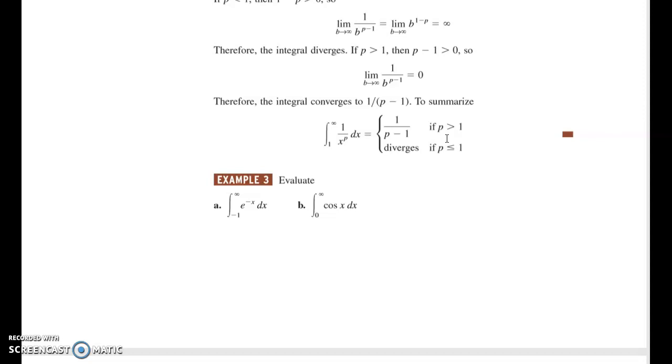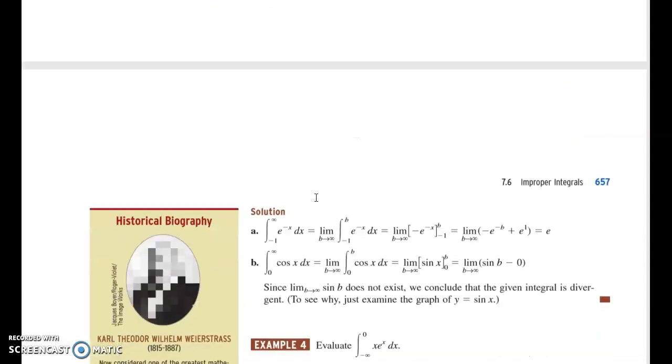So limit b tends to infinity 1 by b raised to p minus 1 equals 0. The answer is 1 by p minus 1 if p is greater than 1. That means it converges to the value 1 by p minus 1 when p is greater than 1. Otherwise, the integral diverges.